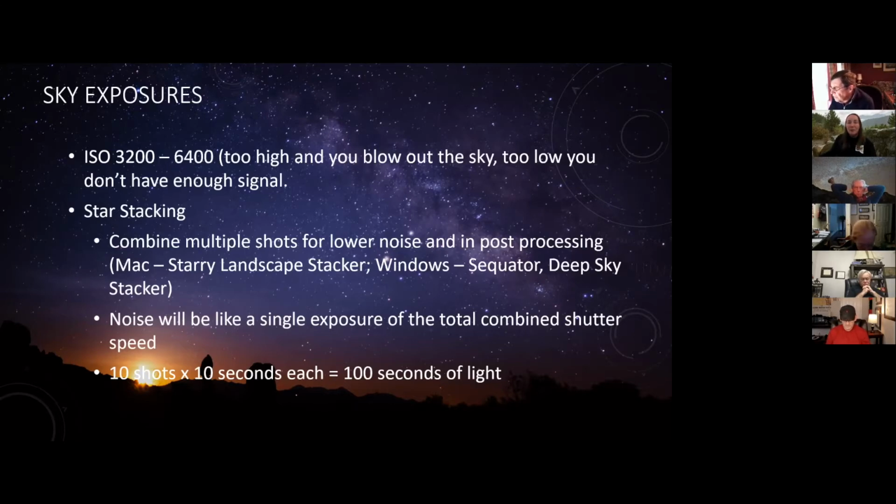In star stacking, the noise will be like a single exposure, but much less. So 10 shots of 10 seconds each equals 100 seconds of light, where a single shot is maybe 30 seconds or less of light. So it gives you a lot more light to deal with to take a picture. And that's the other thing that I'll try in Utah.